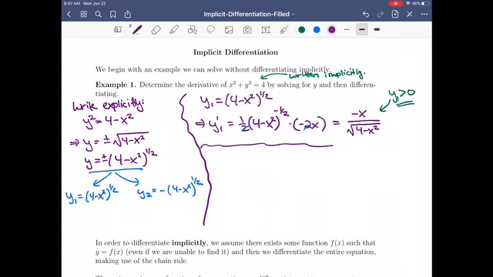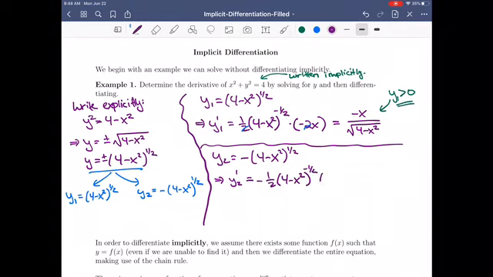And now I could do the same thing for y2. So this is when the y's are negative. So I can take the derivative. It's going to look similar, but slightly different. So the negative stays, and then I have 1/2 times (4 minus x squared) to the negative 1/2, and then multiply again by the derivative of the inside.